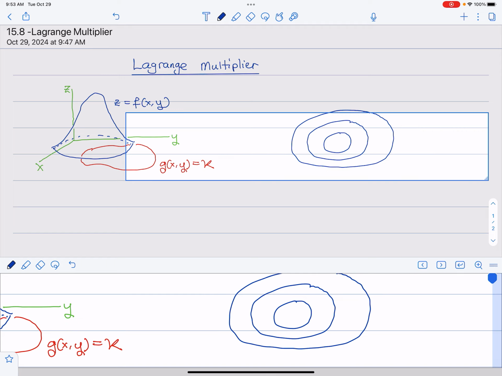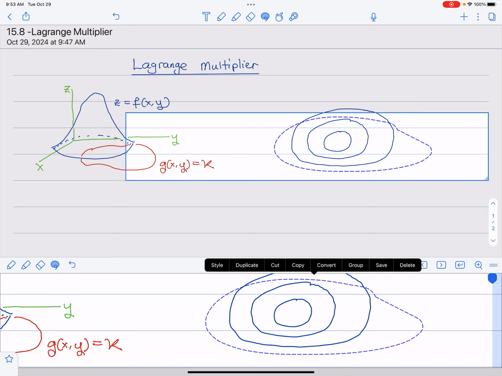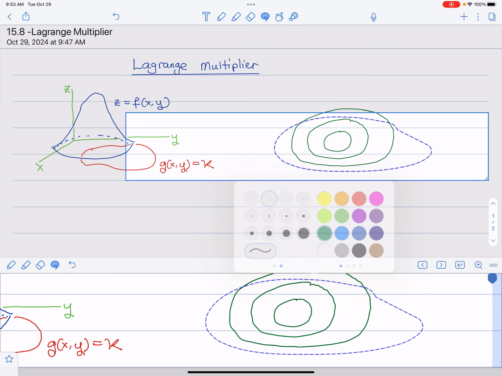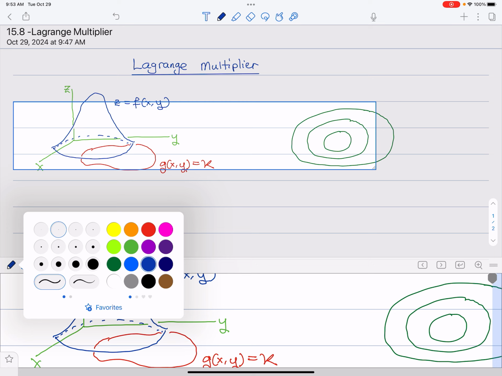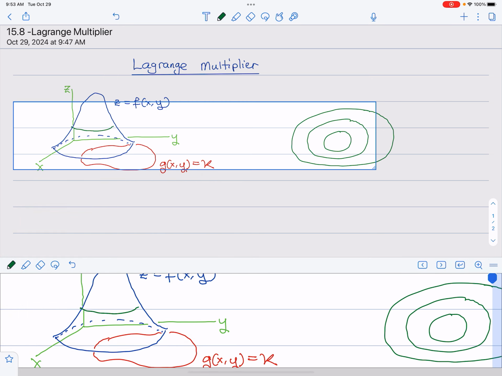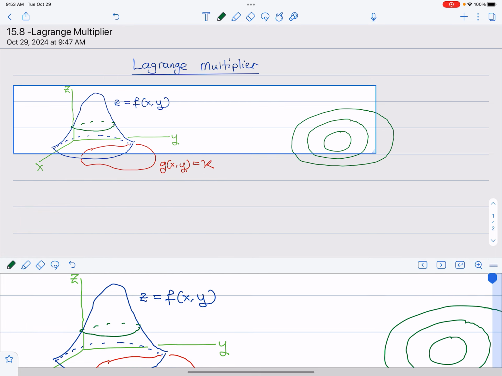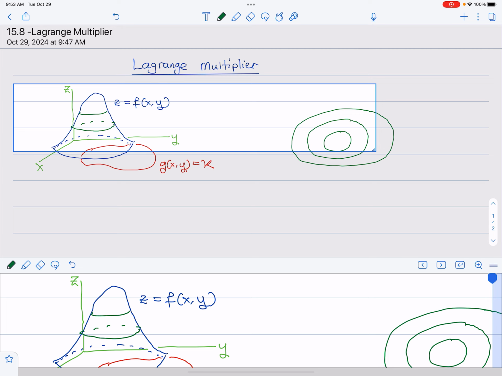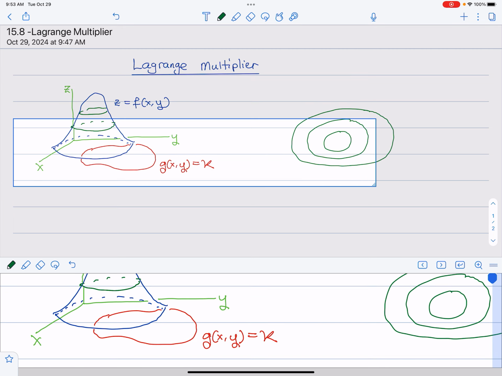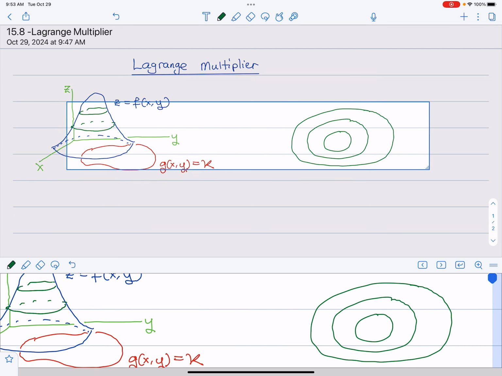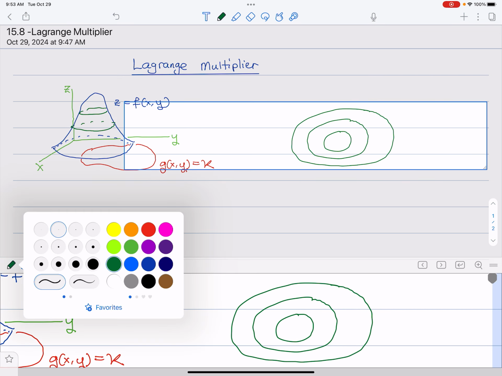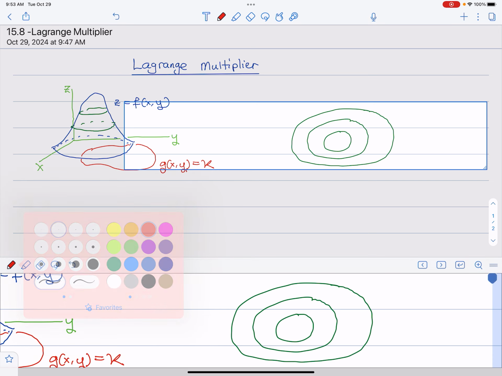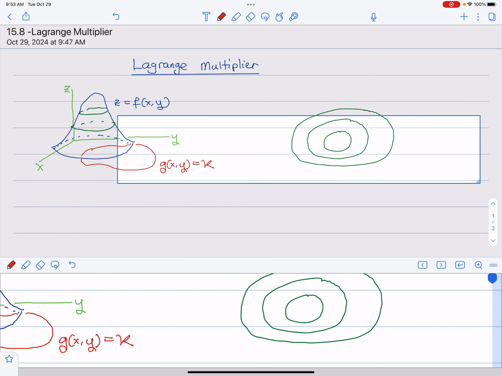I am very particular, so I'll make them green. So these level curves are somewhere, so maybe here, there, and so forth.